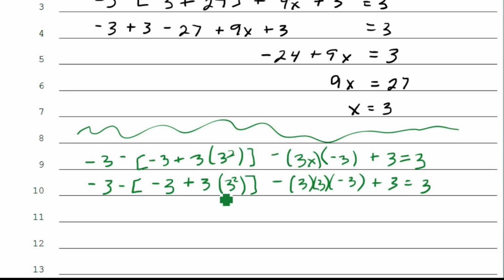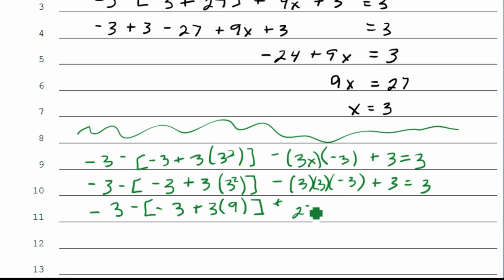And go back to simplifying. Look at the most nested thing. Still is 3 squared here. Minus 3 minus 3 plus 3 times 9 minus 3 is 27, and you got 2 minus signs, so that'll end up being positive.